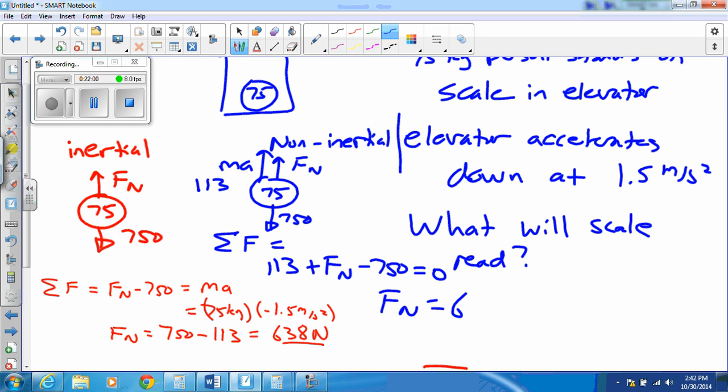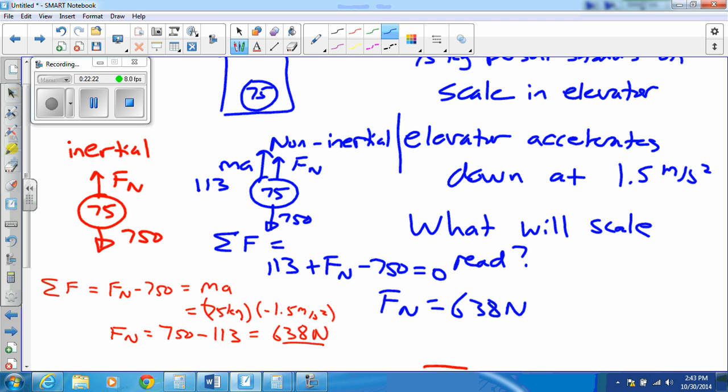There's no surprise there. We didn't expect that the scale would read two different values at the same time, but it is the fictitious force that makes that happen, so that the scale reads the same value whether I'm looking at the scale in the inside reference frame or from the outside. Does that make sense to everybody?